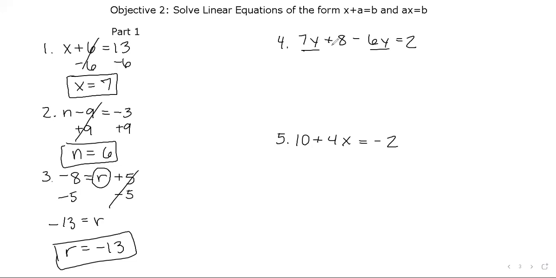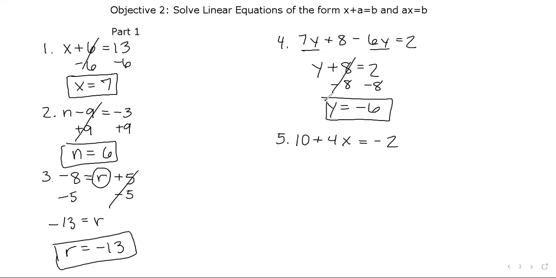So this 7y minus 6y, we can simplify that to just be y, okay? Then we bring the plus 8 equals 2 down. Now, both sides are simplified. We can go in and subtract 8 from both sides, and we get y equals negative 6, okay?